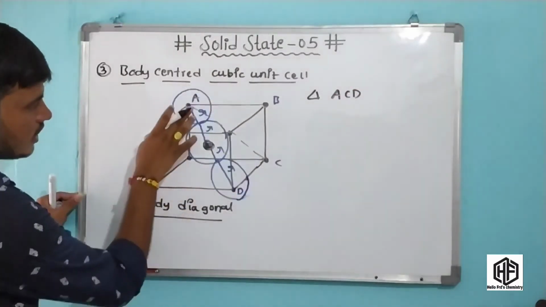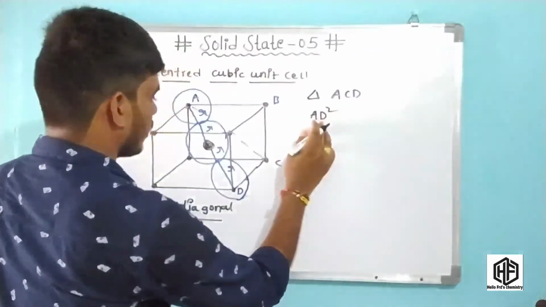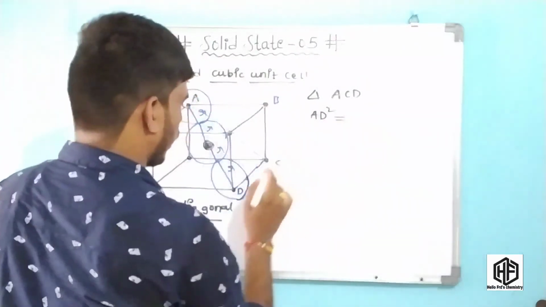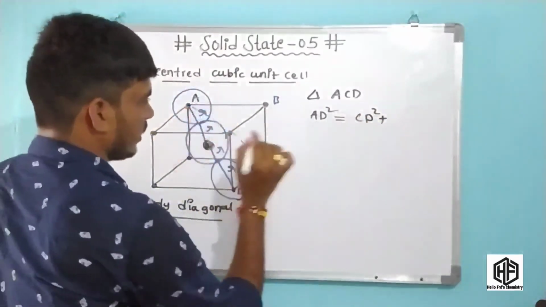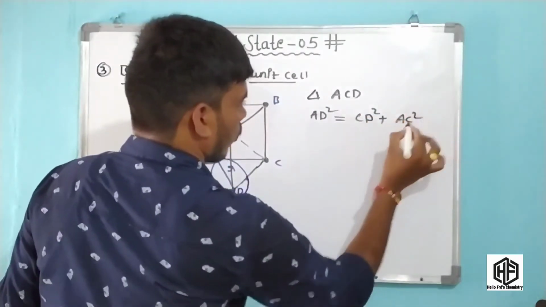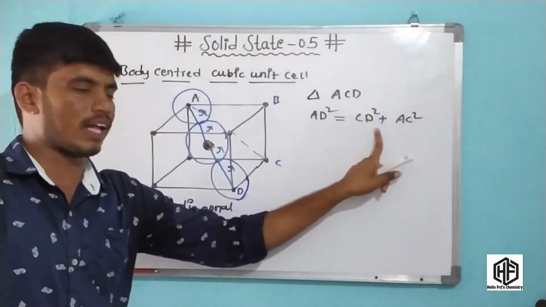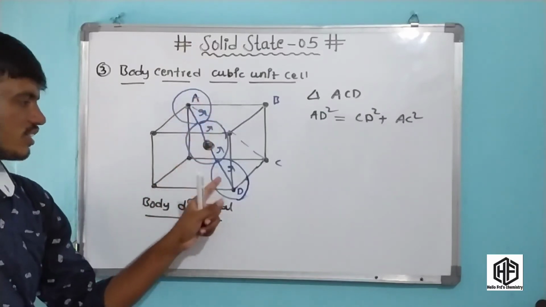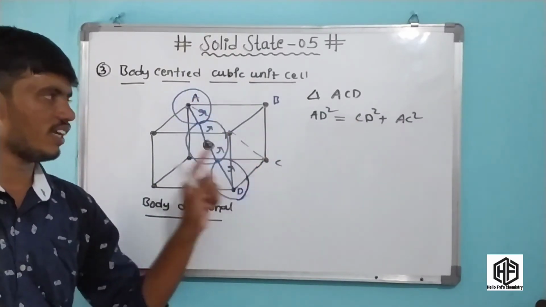According to Pythagoras law, AD square is equal to CD square plus AC square.